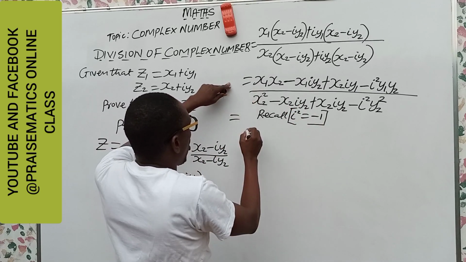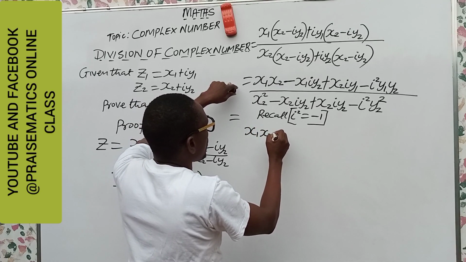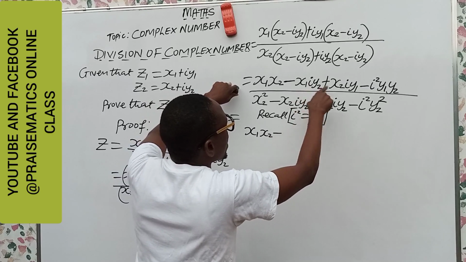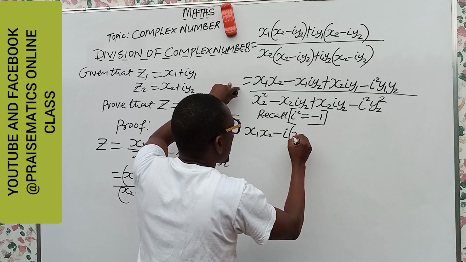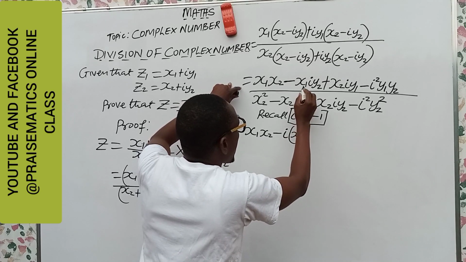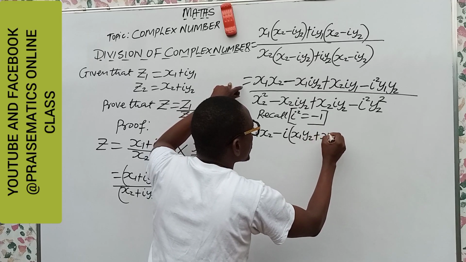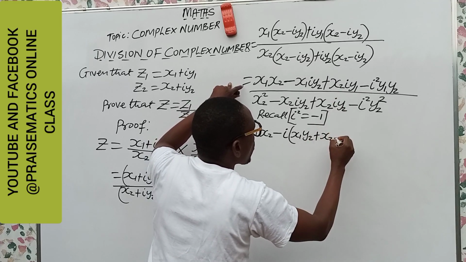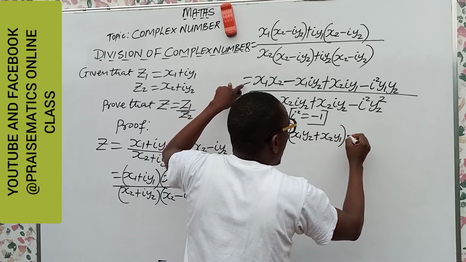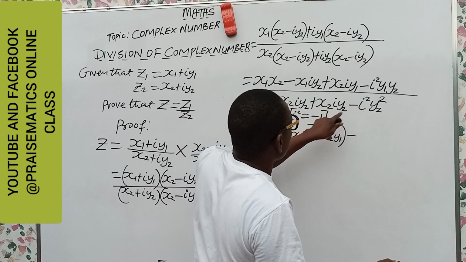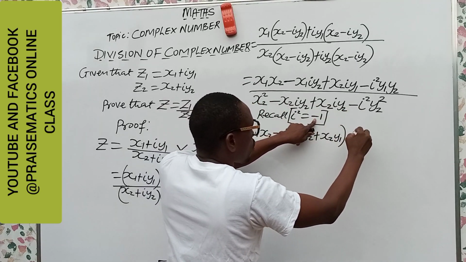So now from the top, we have x1x2, minus, we have i here, factor i out, which is i into bracket x1y2 plus x2y1, close the bracket, minus, remember that this one is minus 1, minus times minus 1, we turn to what?